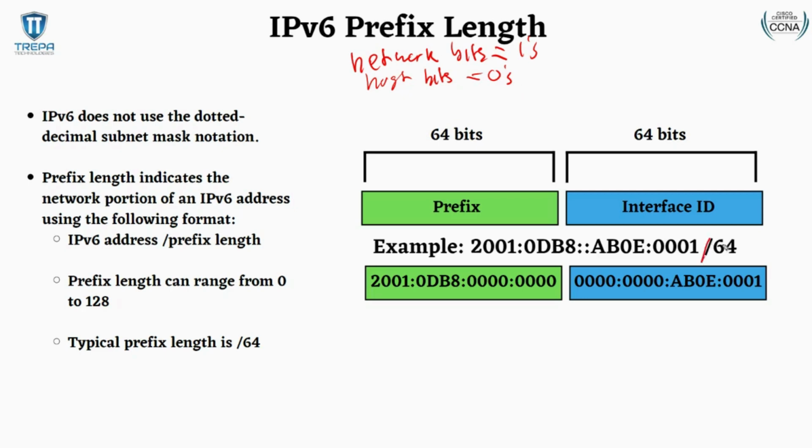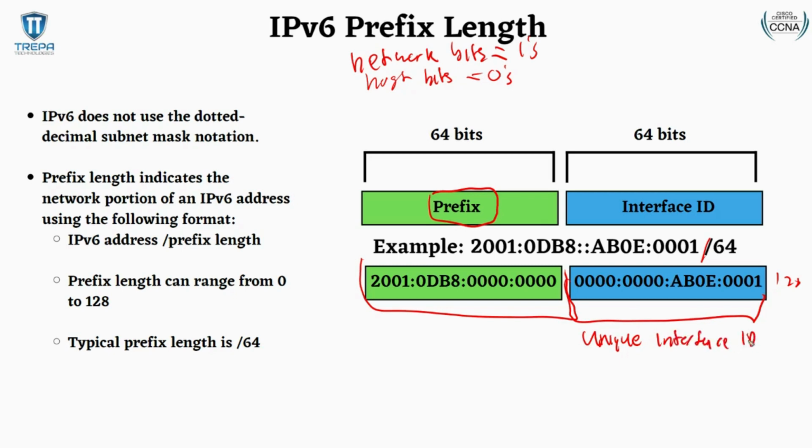When you see a /64 here, that is saying that those 64 bits are all part of one network or one prefix. And then the last, so out of 128, right? Then the last 64 bits are going to be the unique, and this is kind of IPv6 language, unique interface ID. So these are the interface ID bits. So instead of saying host bits and network bits, we say prefix and interface ID.